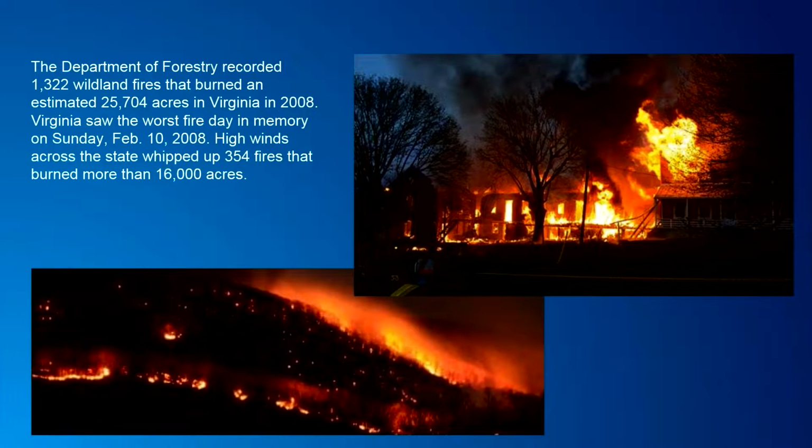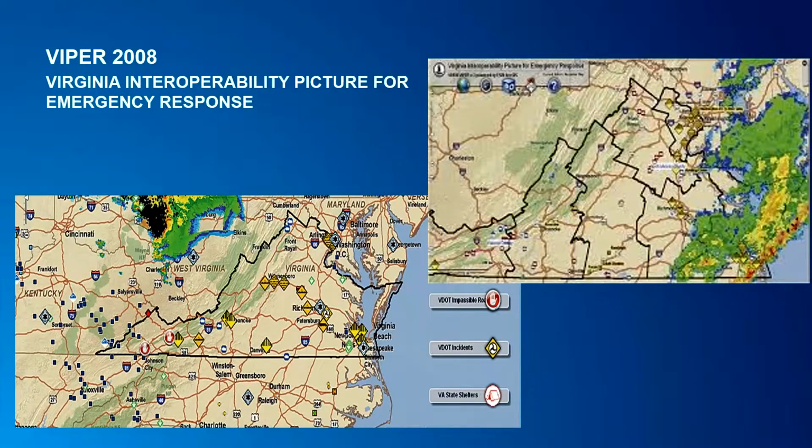So in response to that, we started a program that some of you may have heard of called VIPER. And VIPER is an acronym for Virginia Interoperability Picture for Emergency Response. It was based upon a Flex viewer, and it was one of the best implementations of the technology at the time, because it allowed real information to come in from various sensors, from crisis management systems, from weather, those kind of things, and display those to provide some situational awareness.